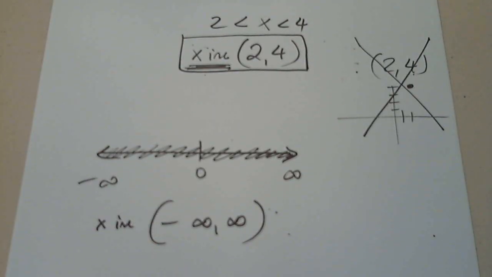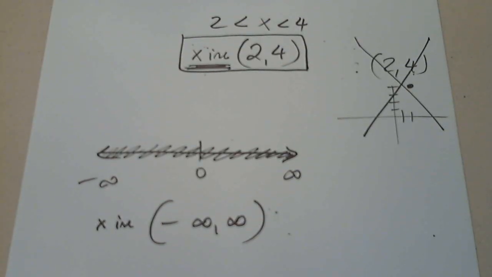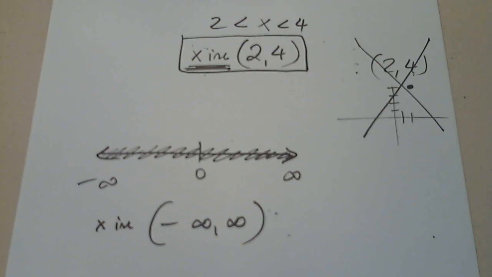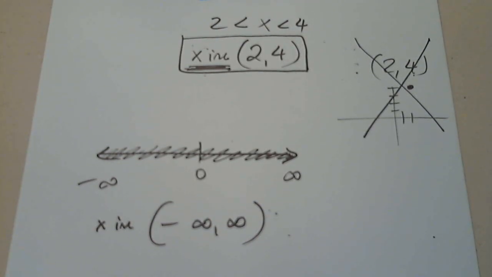In interval notation, from negative infinity to infinity. So the solution set, and it should give me an infinity somewhere. Okay, here it is. So we put parentheses, negative infinity, and then a comma, and then infinity. That's how we write the whole thing. It goes from negative infinity to infinity.